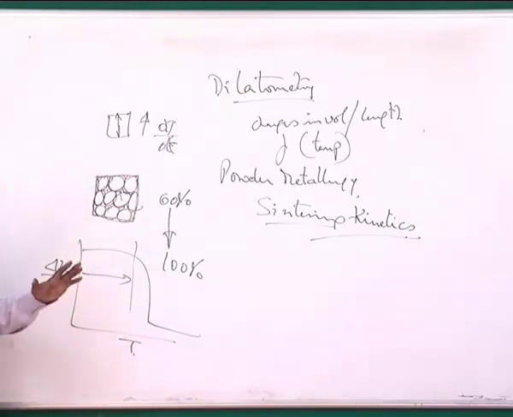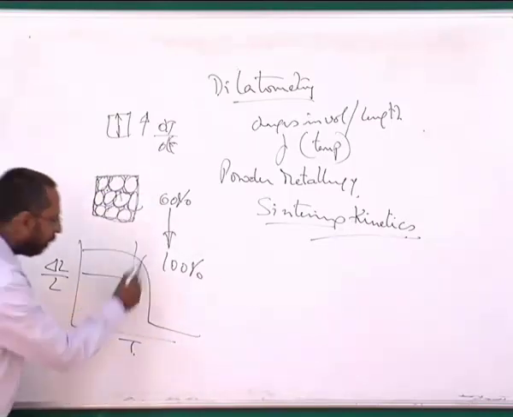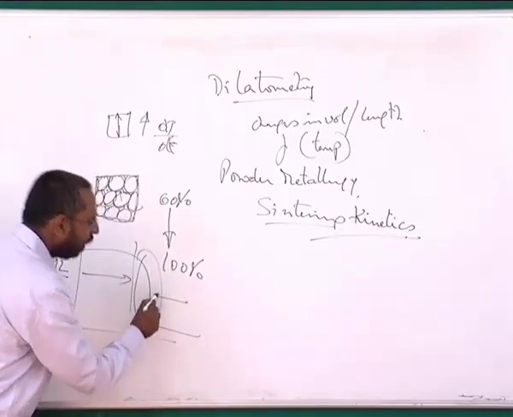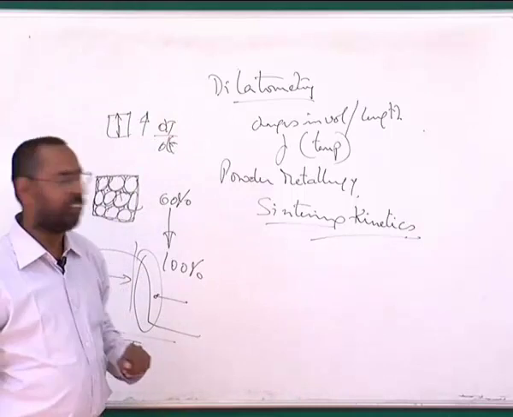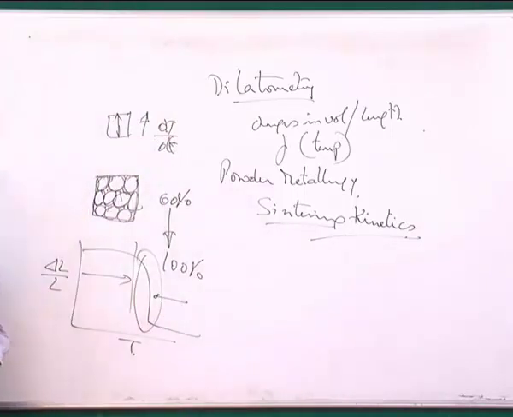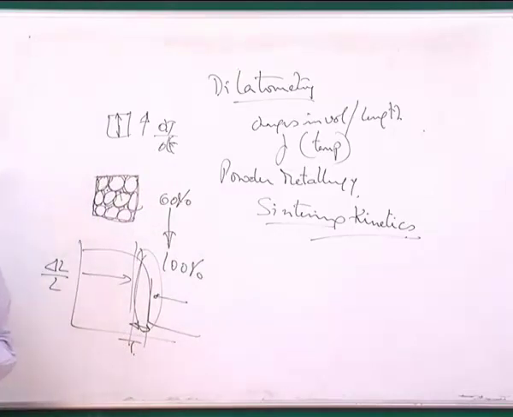That means no sintering has taken place. And beyond a particular temperature, you suddenly see a drop. If you find out this temperature for a given material, I can use that information and do all my sintering studies at that particular temperature or within that short temperature domain, so that I get the best sintering kinetics within that domain.